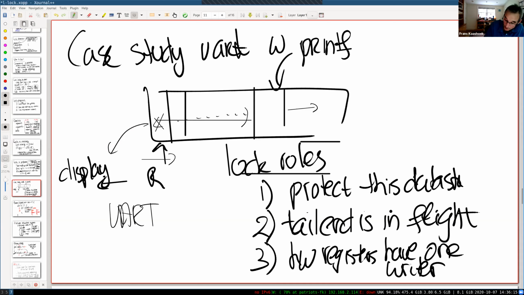When this one character is displayed, the UART will move up this pointer to display the next character. So the UART is always lagging a little behind the writer until it catches up, where R and W are the same, and at that point that means there are no characters left in the buffer. Oh, okay, I see. That makes a lot more sense. Okay, thank you so much. You're welcome.